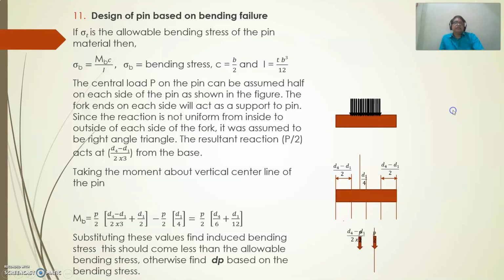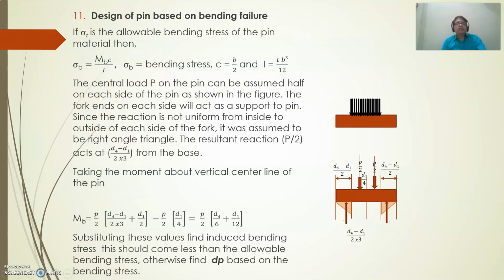Take the center line of this, and from the center line you take P by 2 on either side. So this distance is d1, and the outer dimension, this distance, is d4.